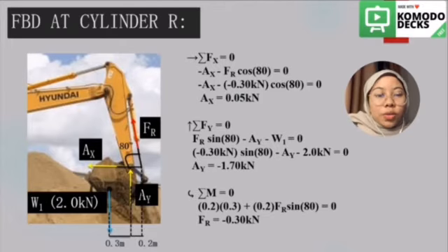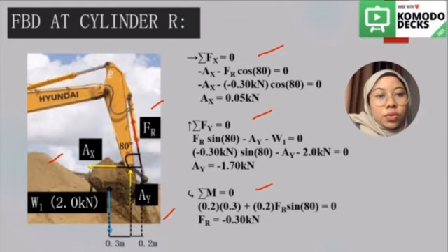Assalamualaikum warahmatullahi wabarakatuh. My name is Amira Fitriani binti Ismail. I will continue into the calculation part. Here we use the resultant of moment, and then summation of x equal to 0 and summation of y equal to 0 to find Ax, Fr and Ay.